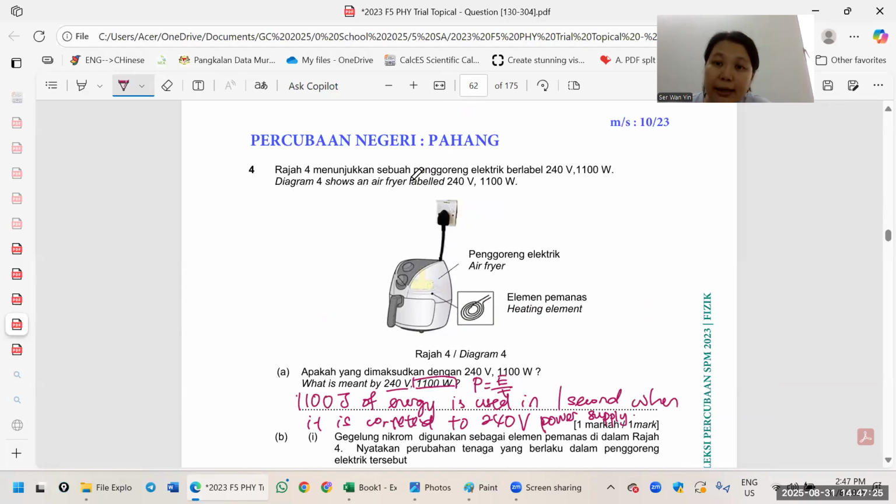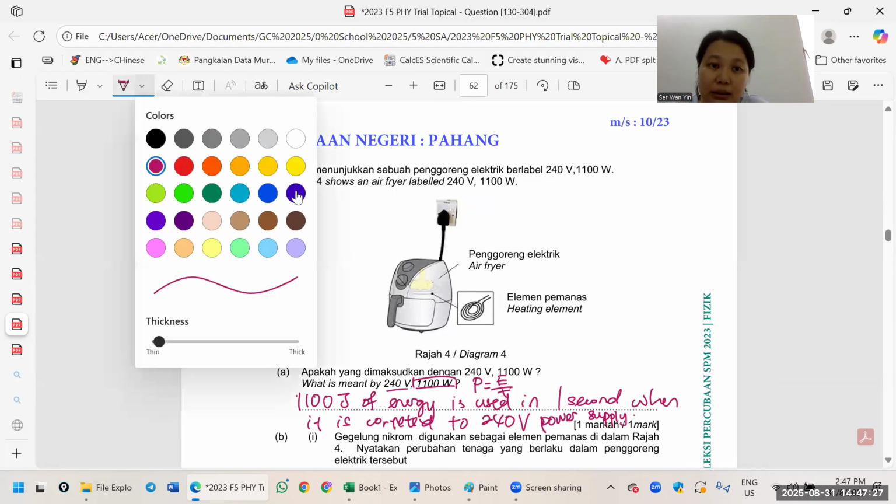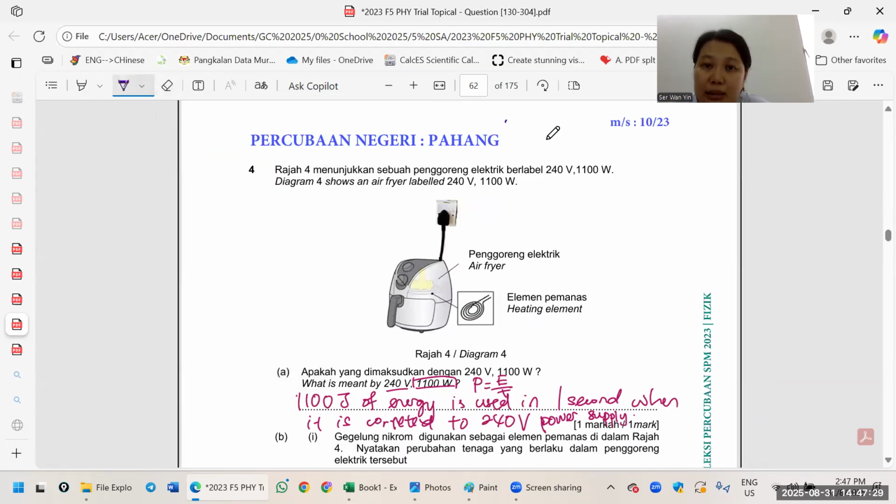Okay, so now be careful about resistance. This is chapter 3, Form 5, page 10 out of 23.